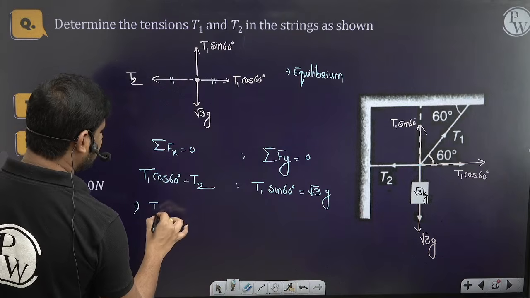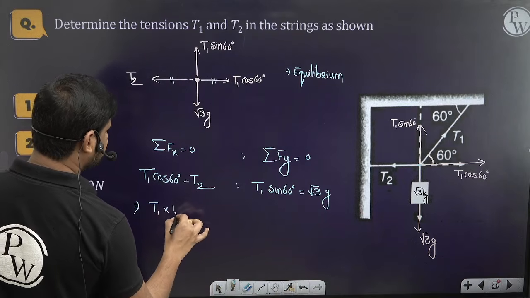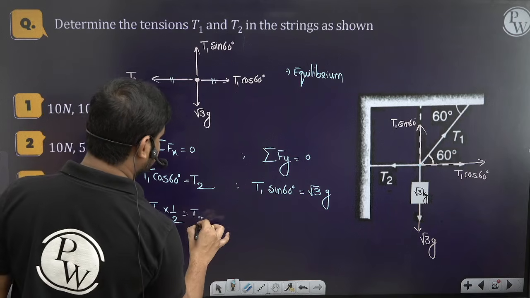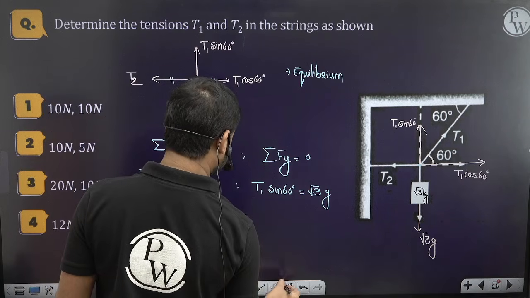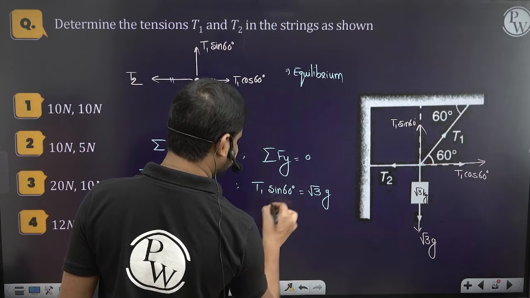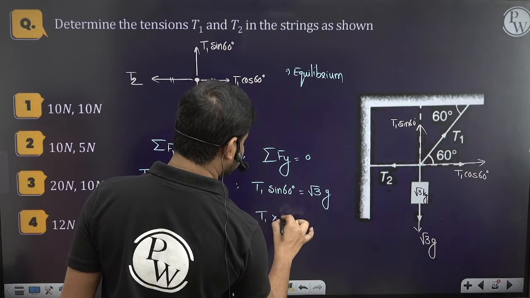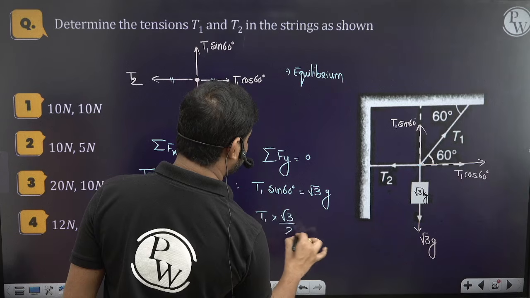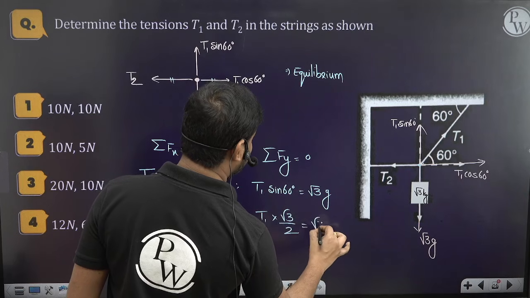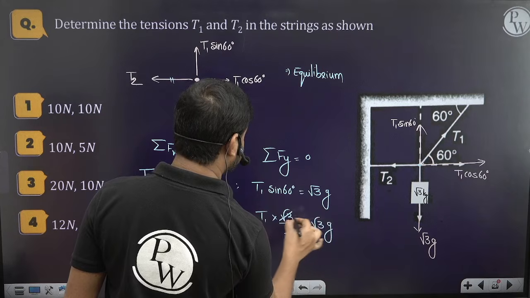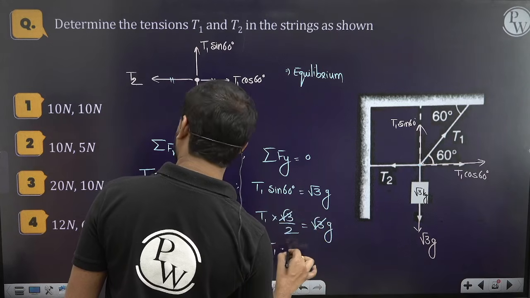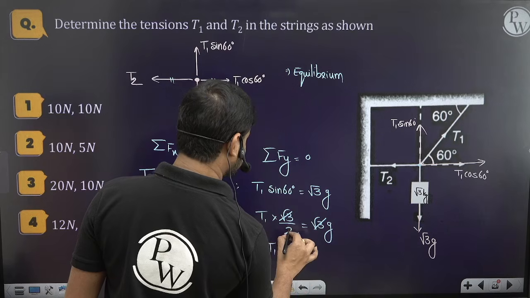So T1 cos 60 degrees, which is 1 by 2, is equal to T2. First let's find the T1 value. T1 into sin 60, which is root 3 by 2, is equal to root 3 into g. Here root 3 cancels, so T1 is equal to 2 into g.